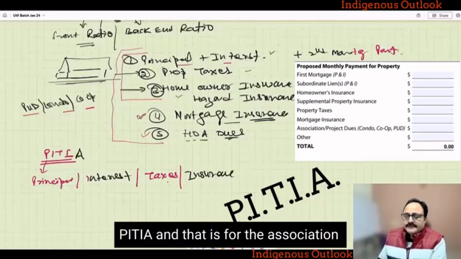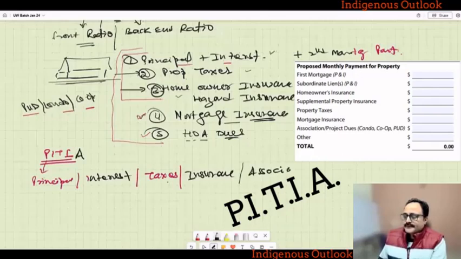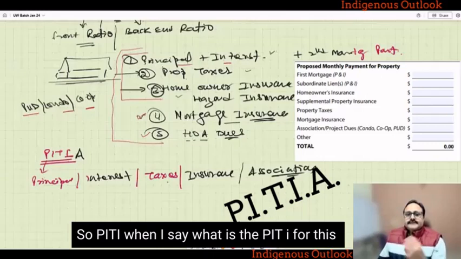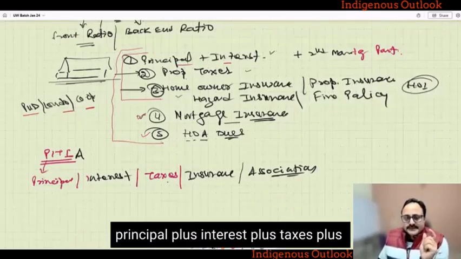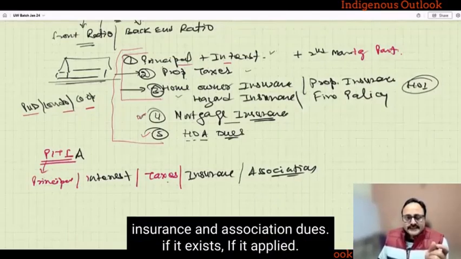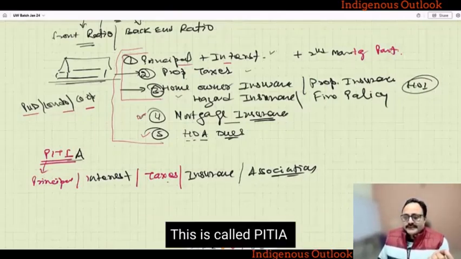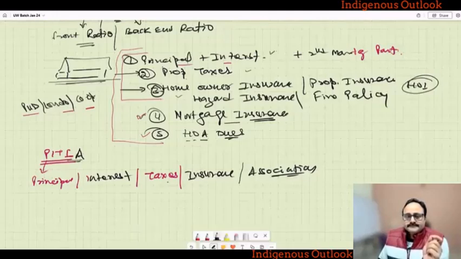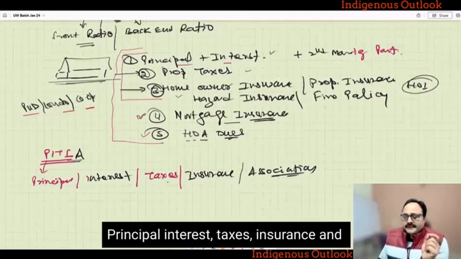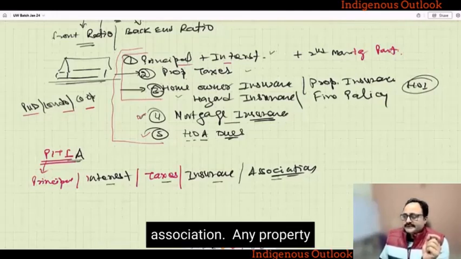Sometimes it becomes PITIA, and that is for association dues. So when I ask what the PITI is for this property, I am asking you the consolidated amount of principal plus interest plus taxes plus insurance and association dues, if it applies. This is called PITIA. Clear to everyone what PITIA is? Yes, sir. Principal, interest, taxes, insurance and association.